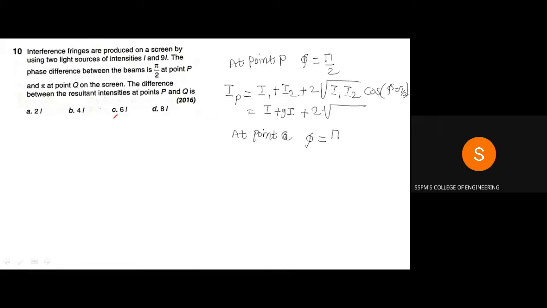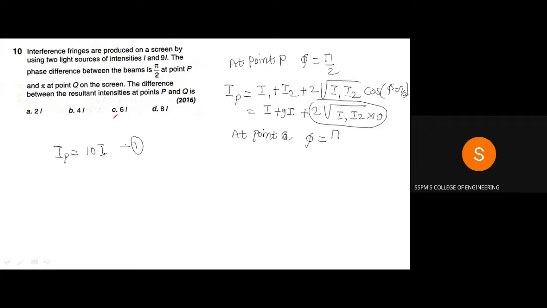So this term will become 0, because cos of pi by 2 is equal to 0. So IP equals to I plus 9I, that is 10I. Call this the first expression.